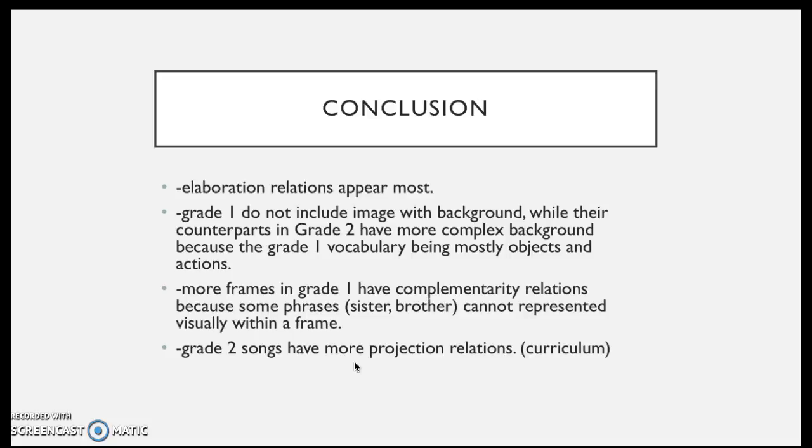Grade 2 songs have more projection relations. This is because of the curriculum design. The Thai basic education core curriculum indicates that Grade 1 students are expected to understand the meaning of words and groups of words, while Grade 2 students are supposed to comprehend the meanings of sentences as well.